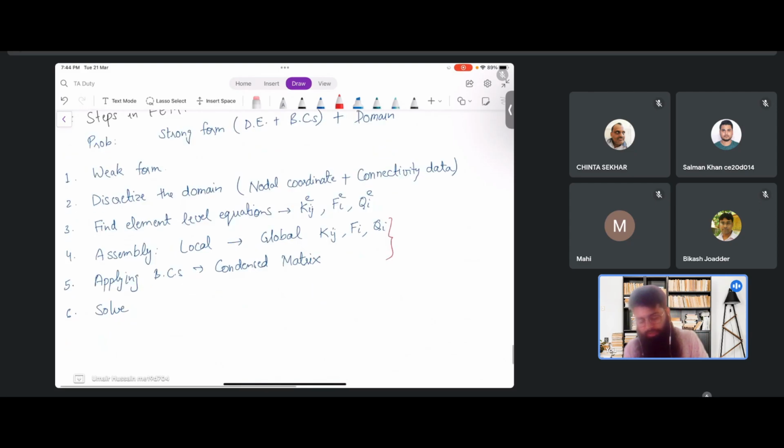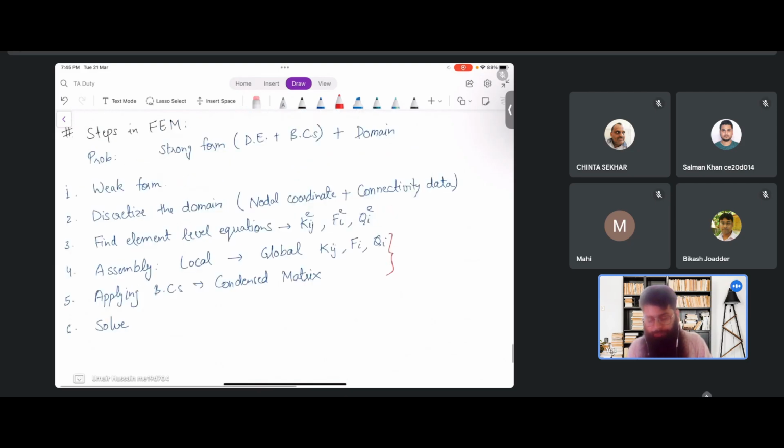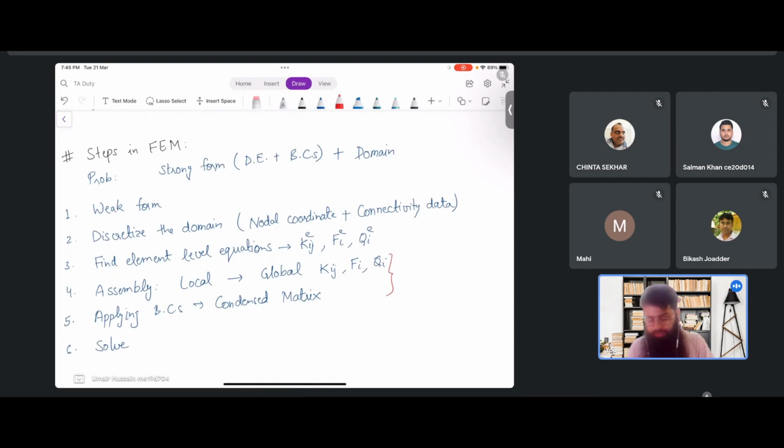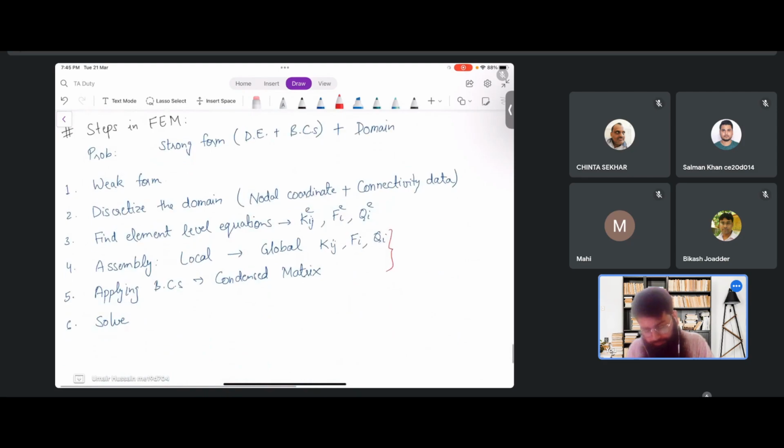Since there's nothing much to discuss about applying boundary conditions, we have already done this in 1D. Regarding solving, we are not including the solving part here; that's basically solution of matrices and determinants. And here we also covered one more thing, basically numerical integration. That is not completely covered, by the way. We just introduced the concept of numerical integration.